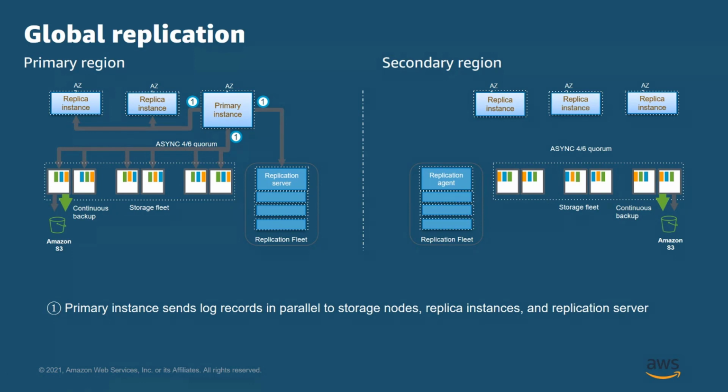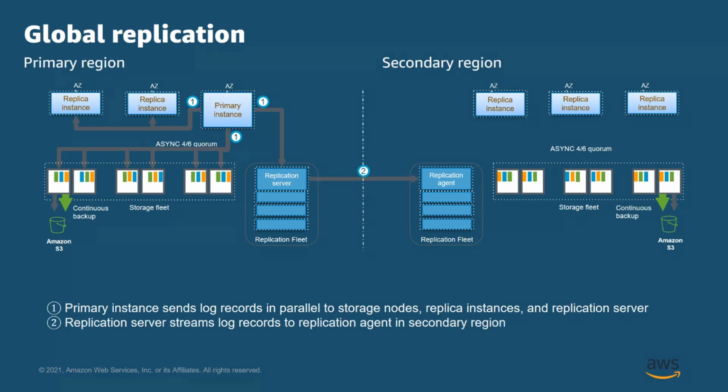They consume those log records to keep their local buffer caches consistent and close to the actual writer. And therefore, as a result, we see that in-region replica lag is typically in milliseconds. It is 10, 20, or 30 milliseconds. So that's the normal process. That's how the read replicas work.